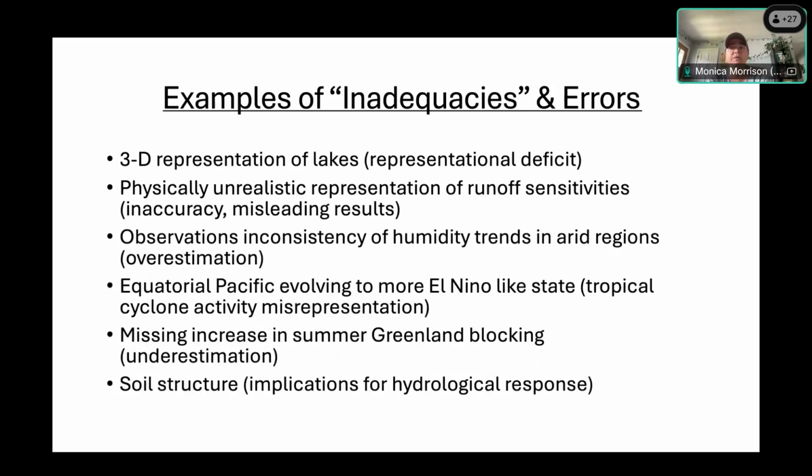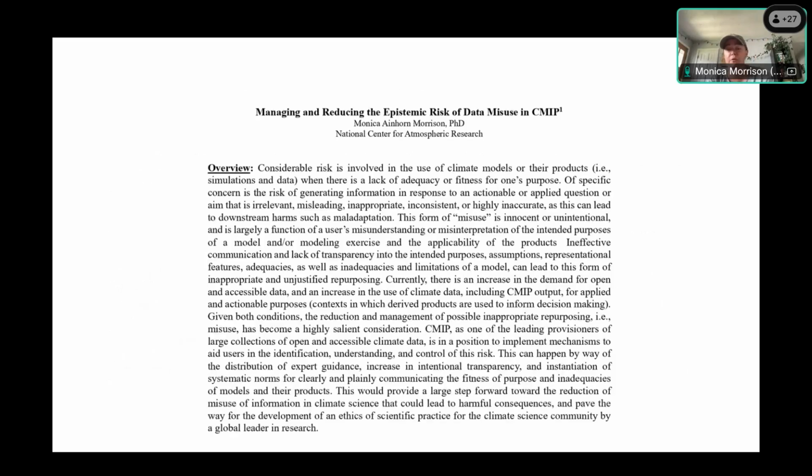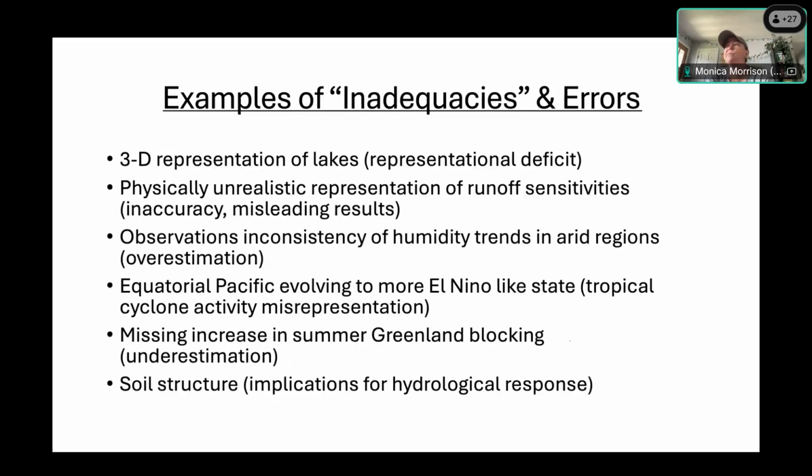Up until CMIP6, about a third to half of models had, according to a study by Briley et al. in 2021, insufficient representation of lakes because they didn't have 3D representation, which meant they were incapable of capturing the lake, air, land processes that drive local climate impacts in regions with large lakes, like the Laurentian Great Lakes here in Michigan, Minnesota, etc.